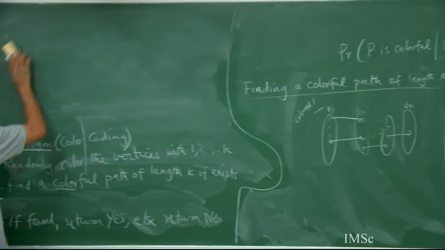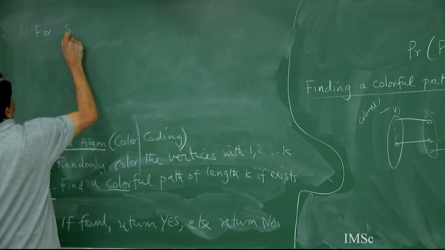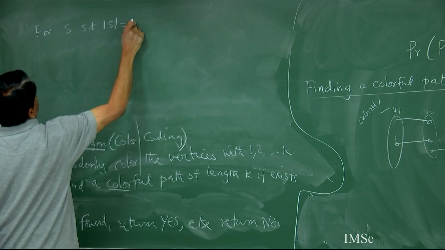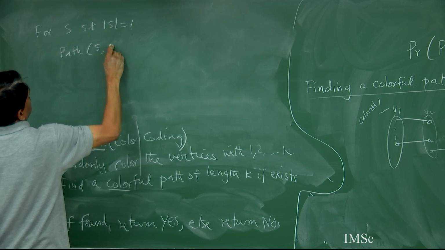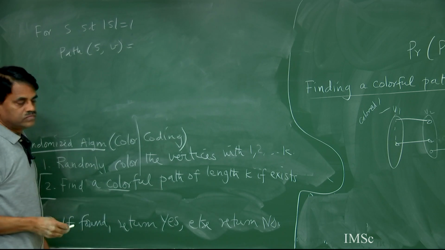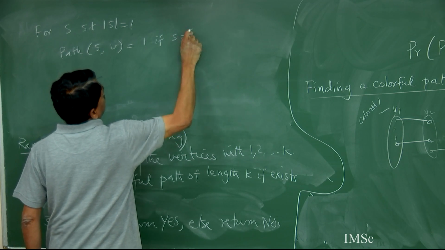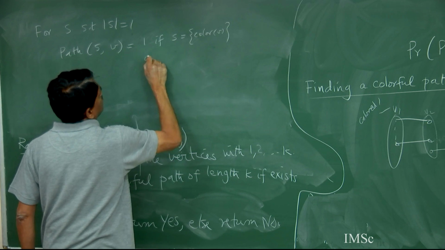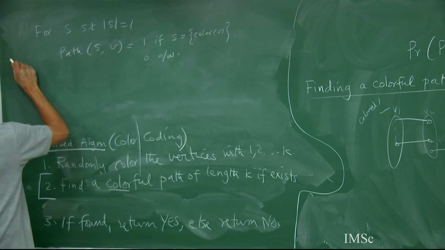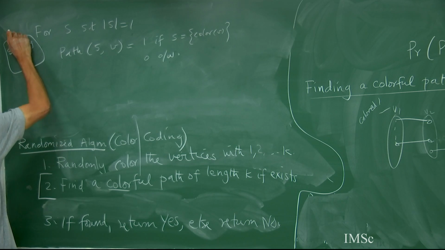For S such that the cardinality of S is equal to 1, what is path(S, V)? It is 1 if S is equal to the color of V, that single color in S, and 0 otherwise. Good. So, this is the starting point or base case if you like.